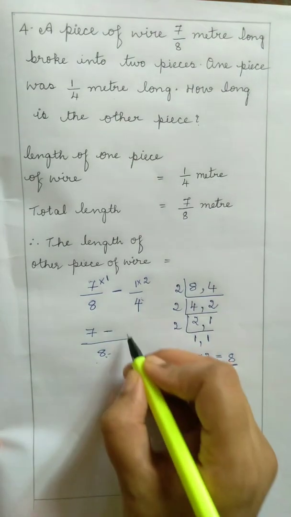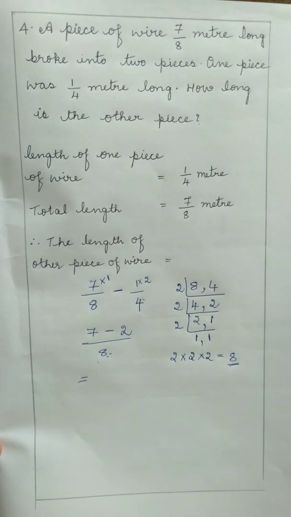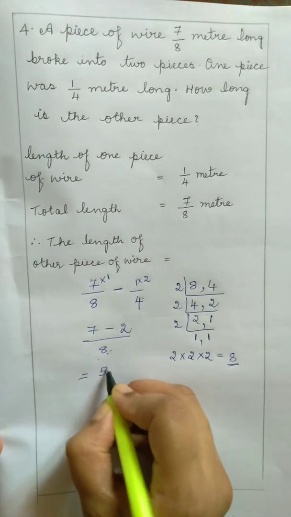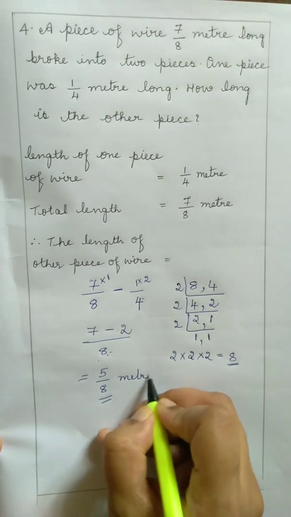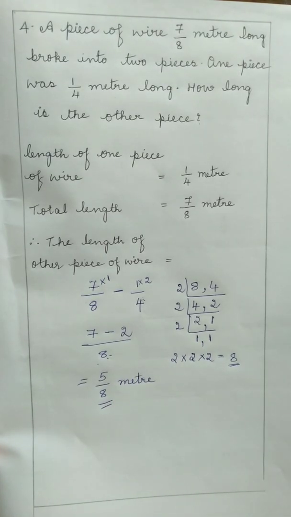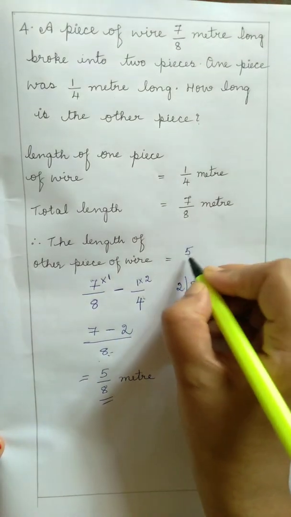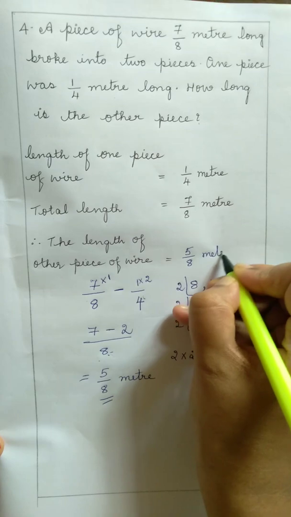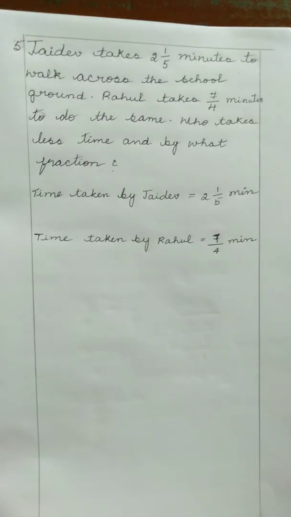Therefore, 1 2s are 2. Now, 7 minus 2. We get 5 by 8. The answer in meters. Therefore, the length of the other piece of wire will be equal to 5 by 8 meter is the answer. Next problem.